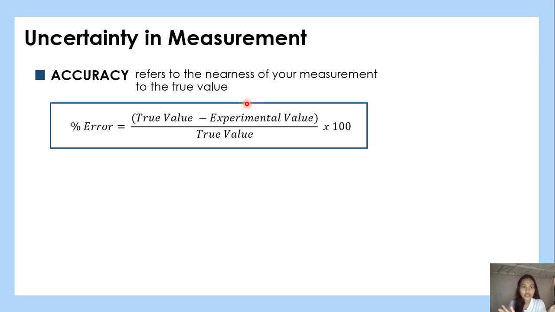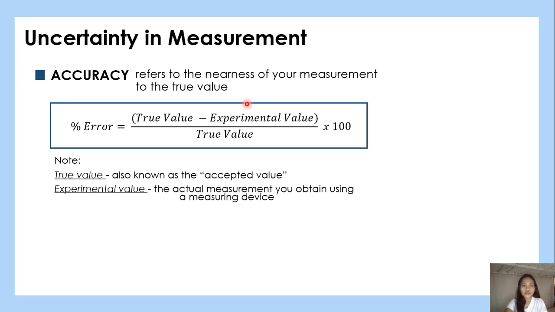In computing the percent error, we have this formula: the true value minus the experimental value, all over the true value, times 100. The true value is also known as the accepted value, while the experimental value is the actual measurement that you obtained and recorded using a measuring device.